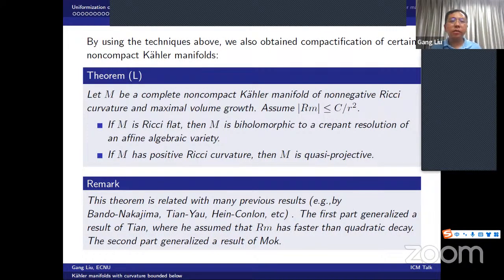By using the techniques above, we also obtain compactification of certain non-compact Kähler manifolds. So we assume that it has non-negative Ricci curvature and maximal volume growth. Let us assume that the curvature has quadratic decay pointwise. If M is Ricci flat, then it is biholomorphic to a Crepant resolution of an affine algebraic variety.